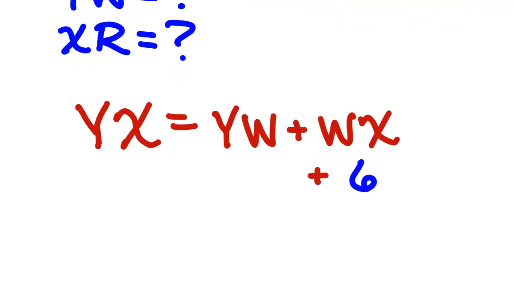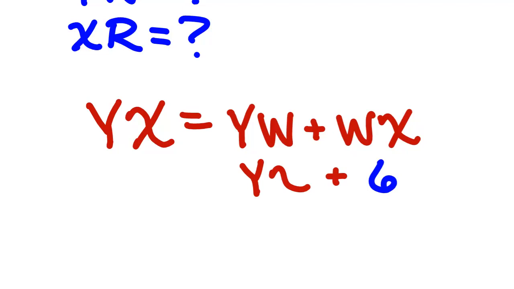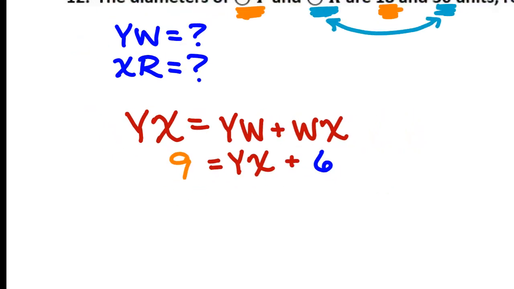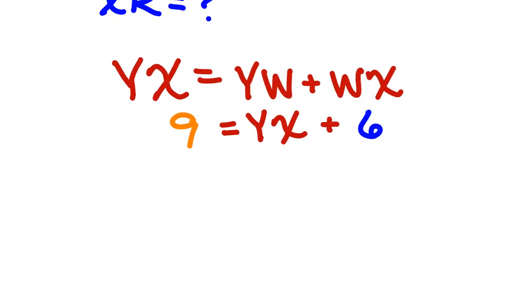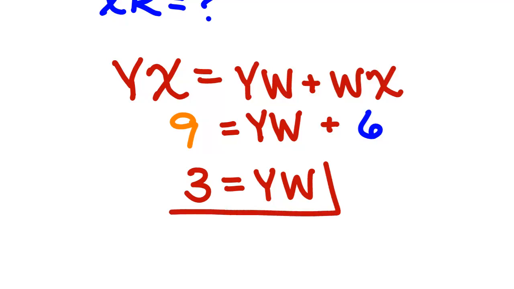Do I know any of the others? YX, how big is YX? 9, because YX is a radius. So I'm going to put 9 in the place of YX. Well, if YX is 9 and WX is 6, how big is YW? I'm getting confused looking at my own writing. YW, yes. How big is YW? 3. Thank you for correcting me.